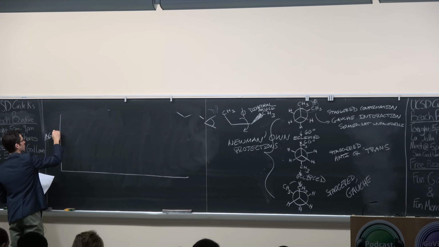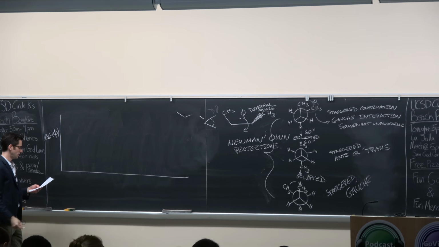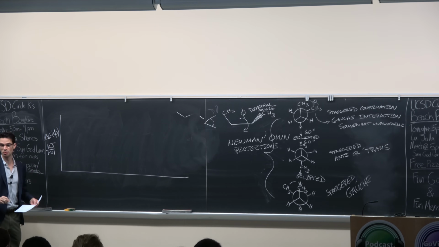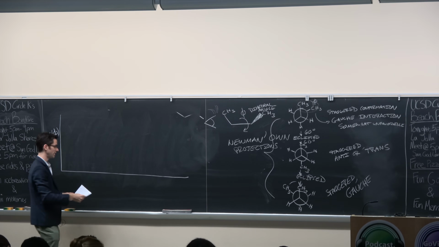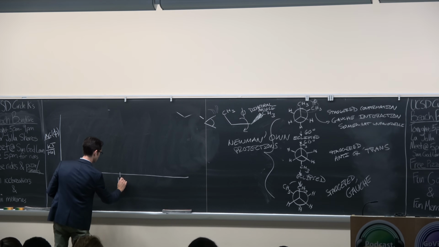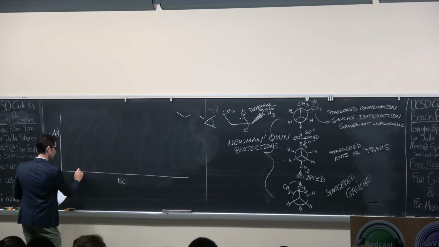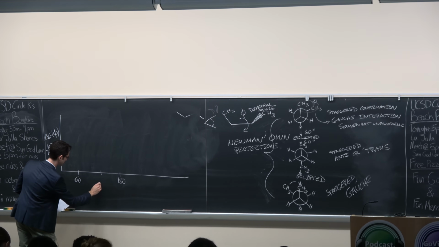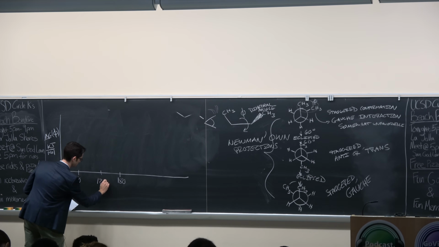So we will draw delta G, the Gibbs free energy in kilojoules per mole, as a function of the dihedral angle phi, in increments of 60 degrees.